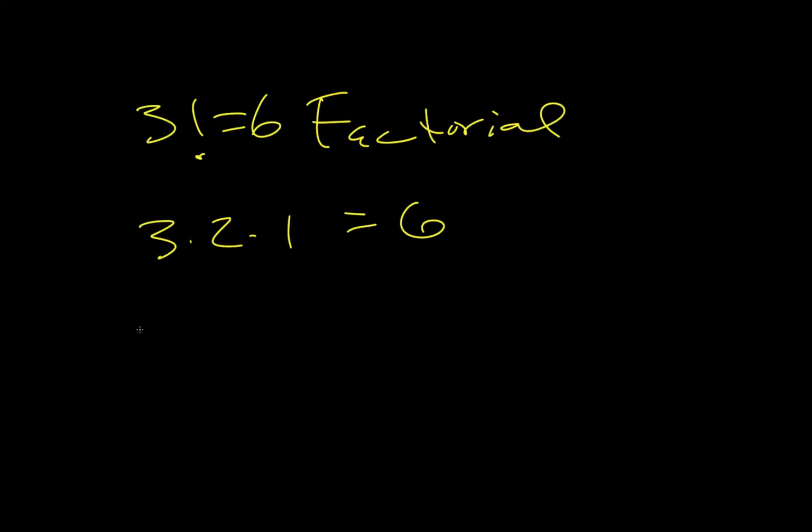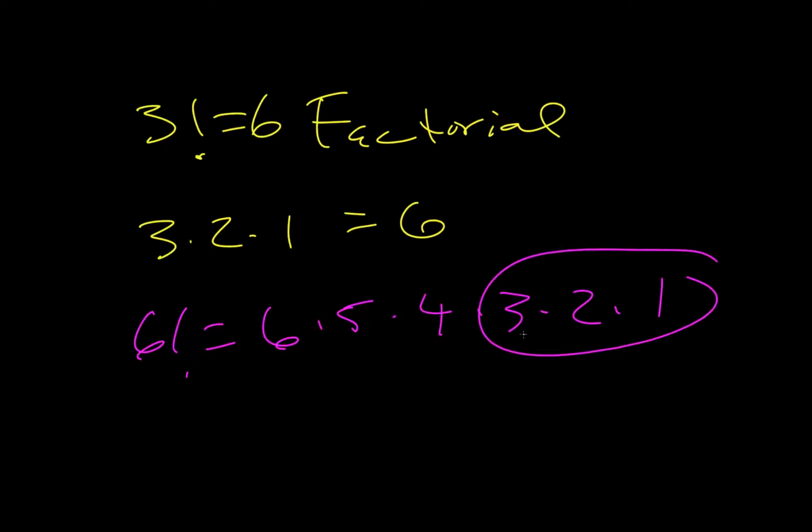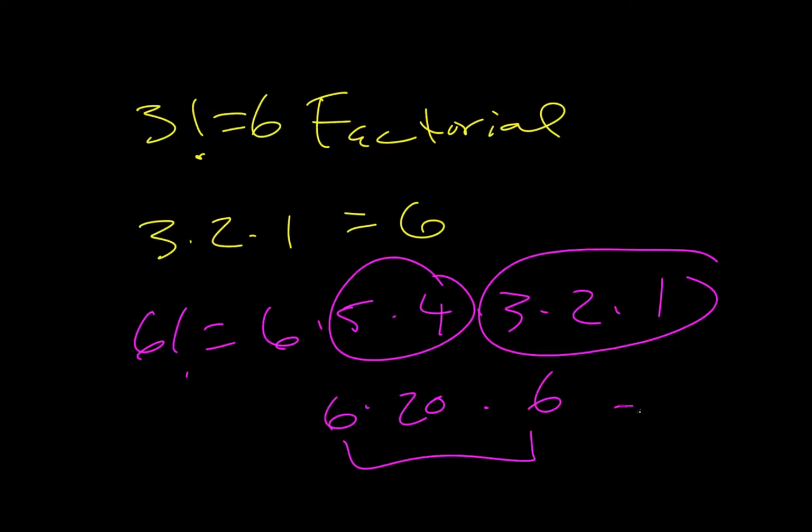By similar thinking, 6 factorial is 6 times 5 times 4 times 3 times 2 times 1. This piece would go to 6. This is 20. 6 times 6 is 36 times 20. So that's 720.